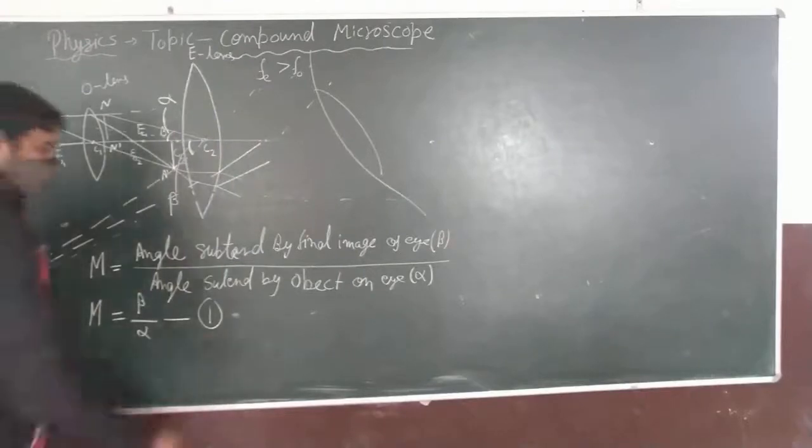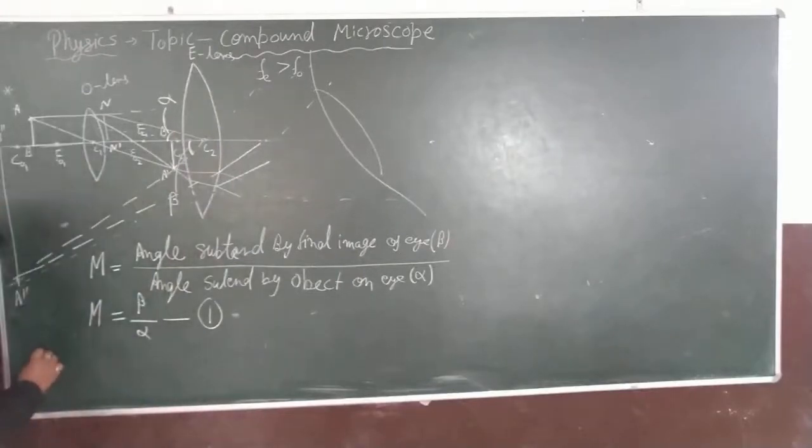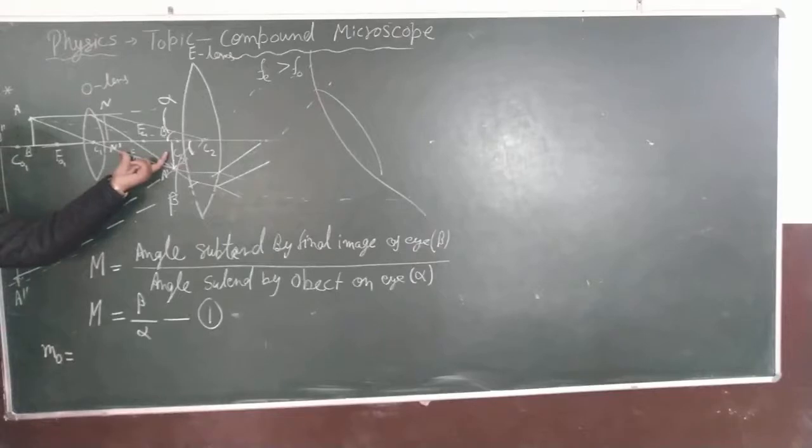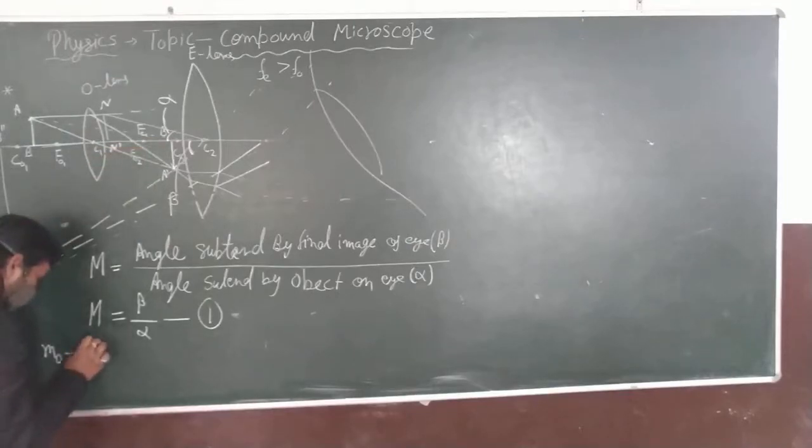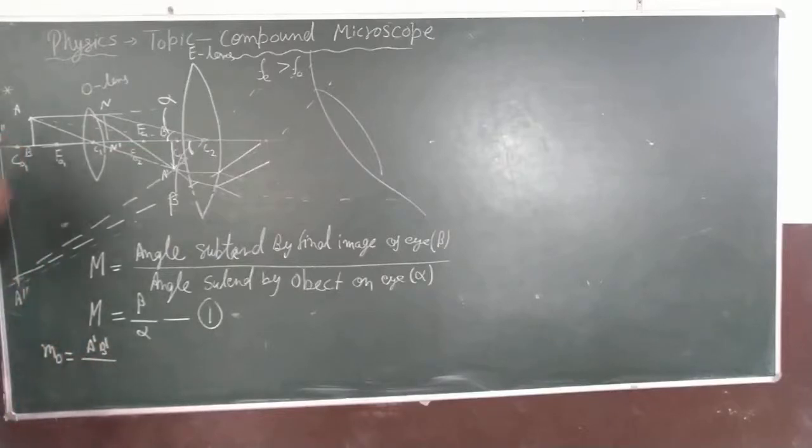Now, the magnification of the objective. What is the value of magnification produced by the objective? The answer is distance of image to distance of object, or simply we can say A dash B dash upon AB.